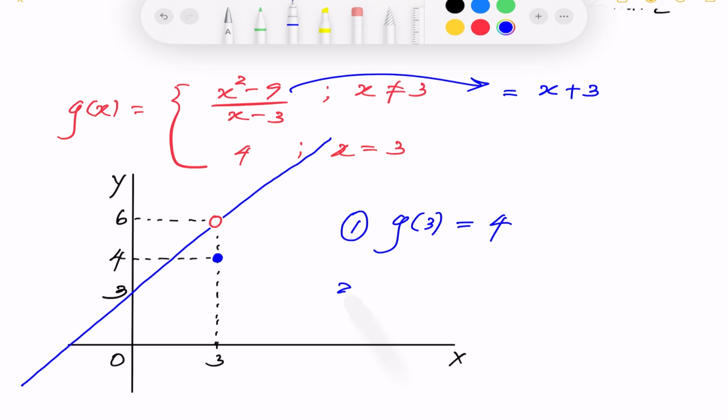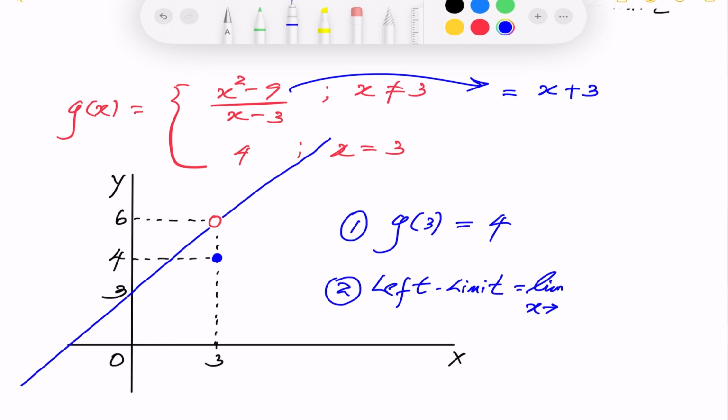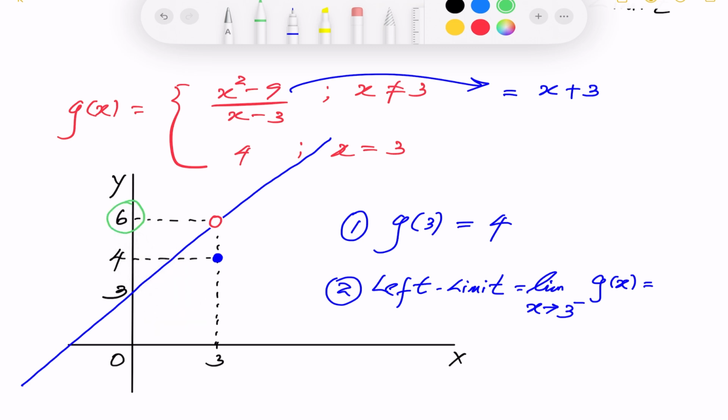The second one, we can find the left limit. So how do you find the left limit? We can write this as limit x approaches 3 from the left-hand side. That's why I have that little negative symbol, g(x). What is that value? That value is also 6.